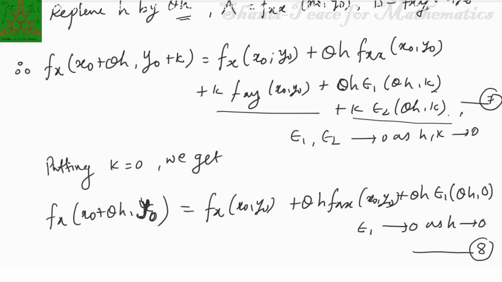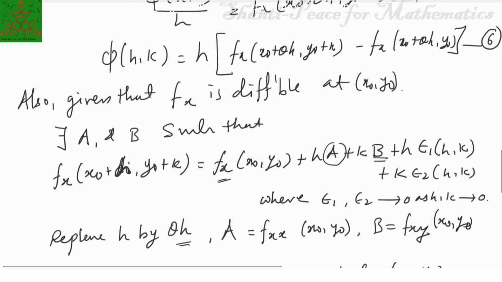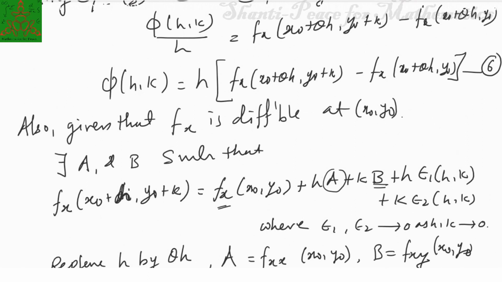Now if we use this value of 7, that is this side and this side, into the equation 6 that we have here. See this, that is the equation number 7 we have calculated. For this value we have calculated equation number 8.